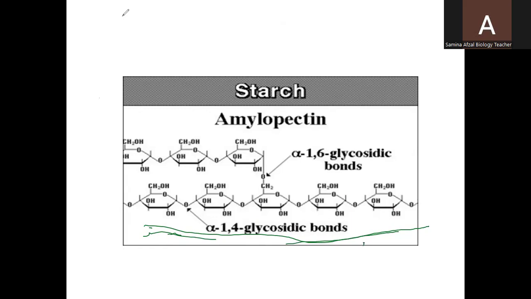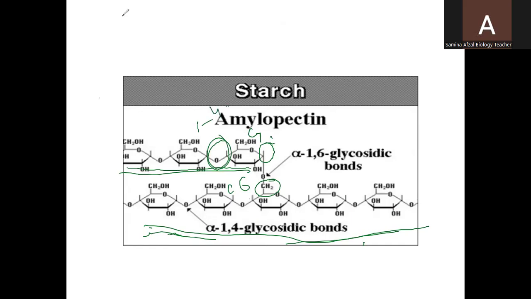Now you can see a branch is arising from here, this is carbon number 6. You can see this is carbon number 1, C1, and this is C6. So there is formation of this glycosidic bond between carbon number 6 and carbon number 1. This is a 1,6 glycosidic bond. Again, that branch, that chain will be formed, and here again it will be 1,4.